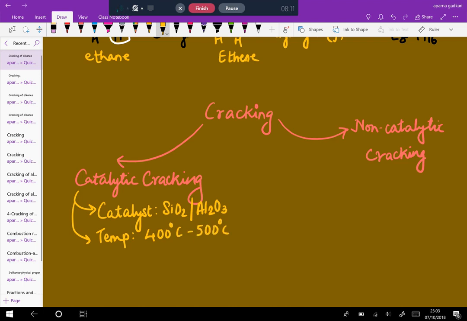And again, a very important thing, what is the long chain alkane that is fed into the cat cracker? They are the vapors of gas oil or kerosene fractions.